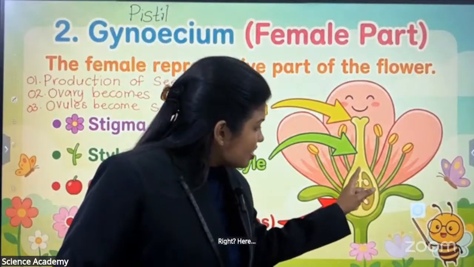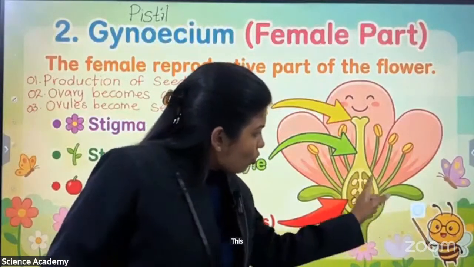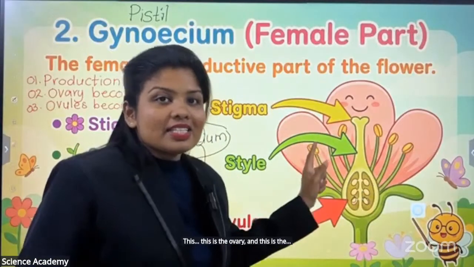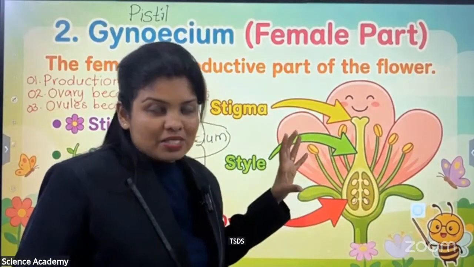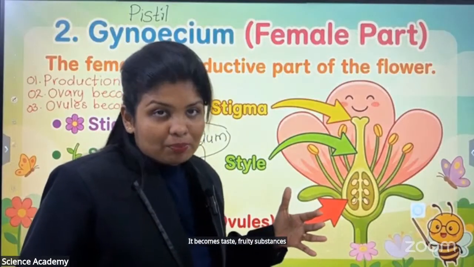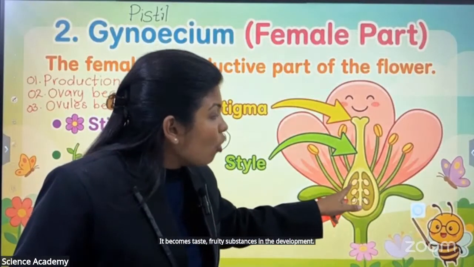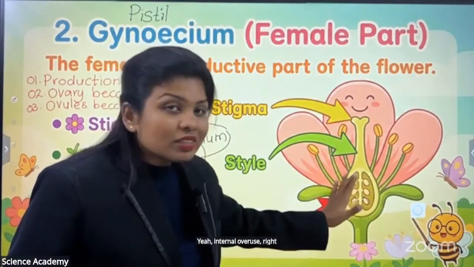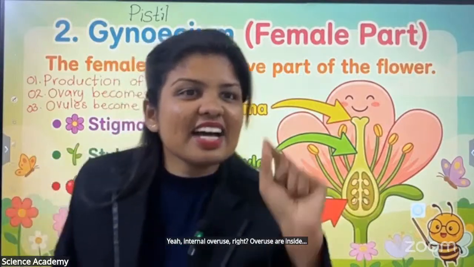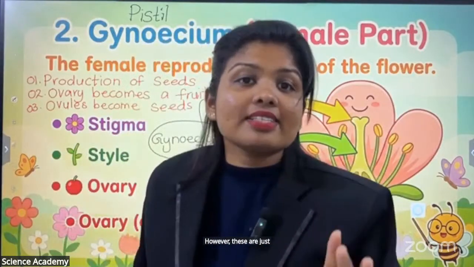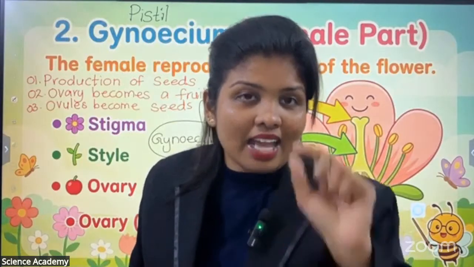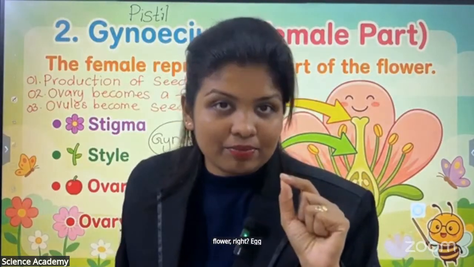Here, this is the ovary, and it becomes the tastiest fruity substance in the development. Here, the internal ovules, right? Ovules are inside the ovary. These are just like the egg cells of the flower, right? Egg cells of the flower.